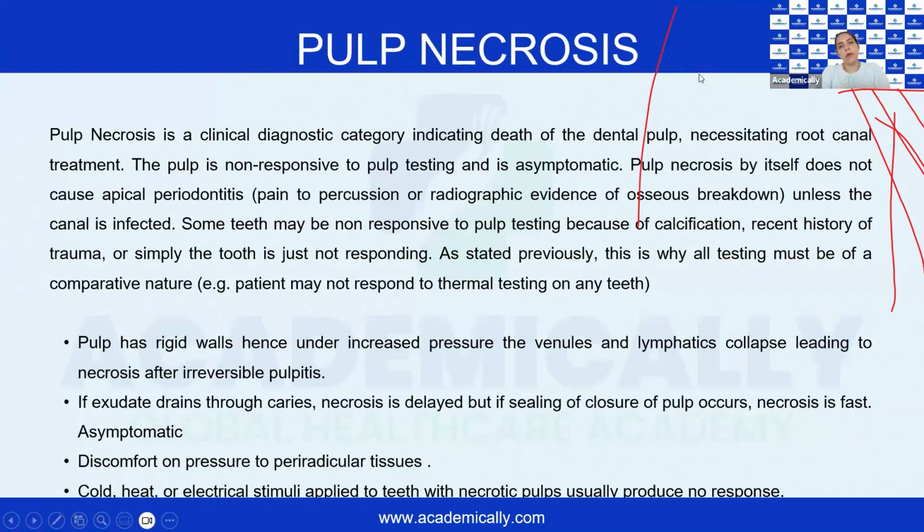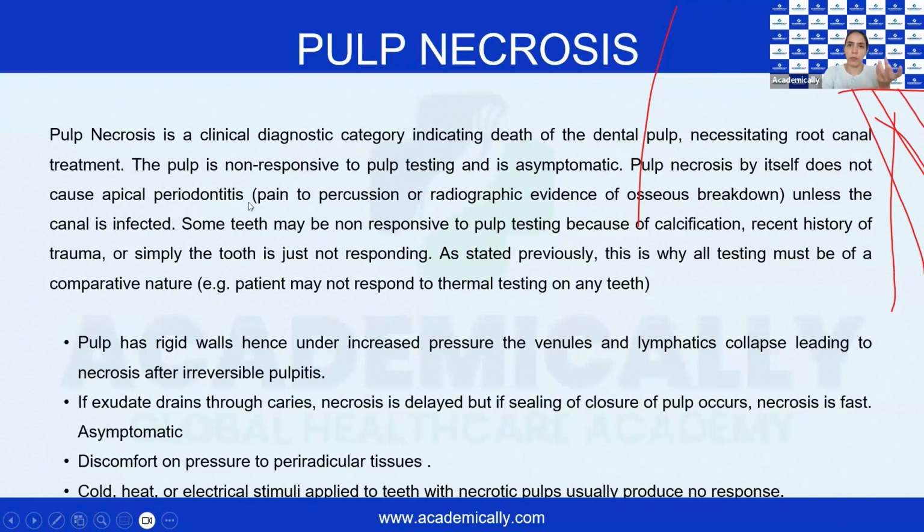Then comes pulp necrosis. This indicates death of the dental pulp, necessitating root canal treatment. Irreversible pulpitis also necessitates root canal treatment, but pulp necrosis is the category where even putrefaction has happened. The pulp is non-responsive to pulp testing and is asymptomatic. The nerve fibers themselves are dead. Pulp necrosis by itself does not cause apical periodontitis.